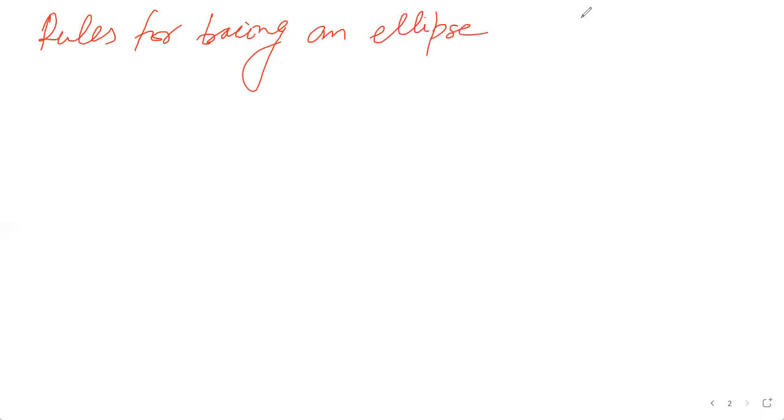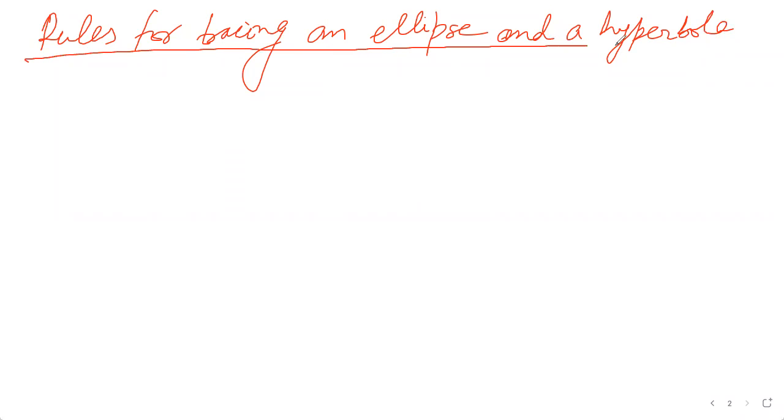So what is the rule for tracing an ellipse and a hyperbola? Rules for tracing an ellipse and a hyperbola. First thing, as usual, a conic equation will be given to you.